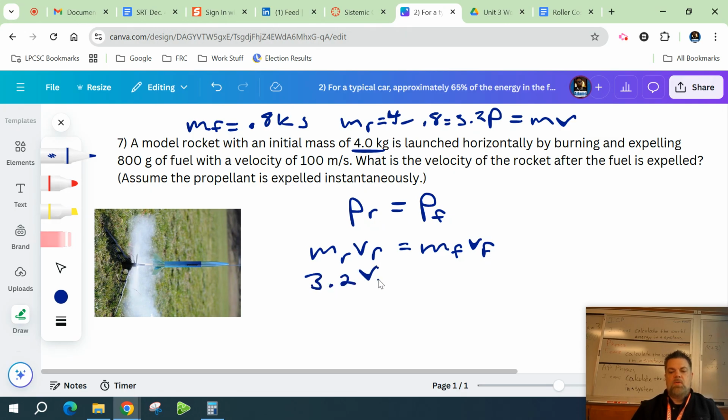I don't know what the velocity of the rocket is, but that's what I'm solving for because we want the velocity of the rocket. But I do know the mass of the fuel, which is 0.8, and then that's got to be multiplied by the velocity of the fuel. And we know that the fuel has a velocity because they tell us the velocity of the fuel.